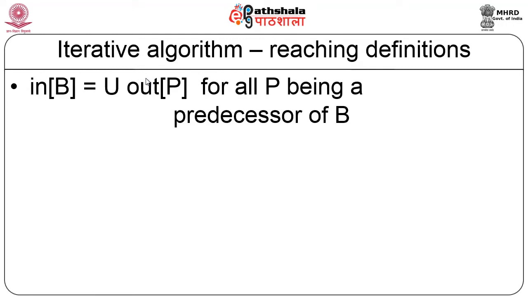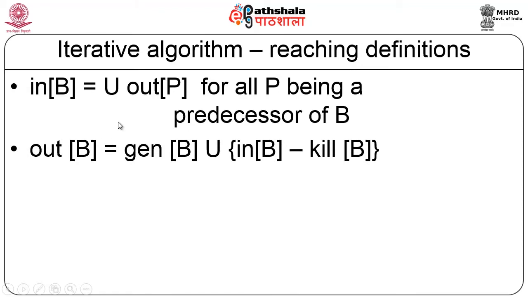So, in of B2 is computed as union of out of P, where P is a predecessor block here, which in our example is block B1. But why am I looking at all predecessor blocks? Multiple blocks could come into a single block. So, I have to compute the union of all the outs to compute the in of the current block. That is the definition which is going to be used in this particular module.